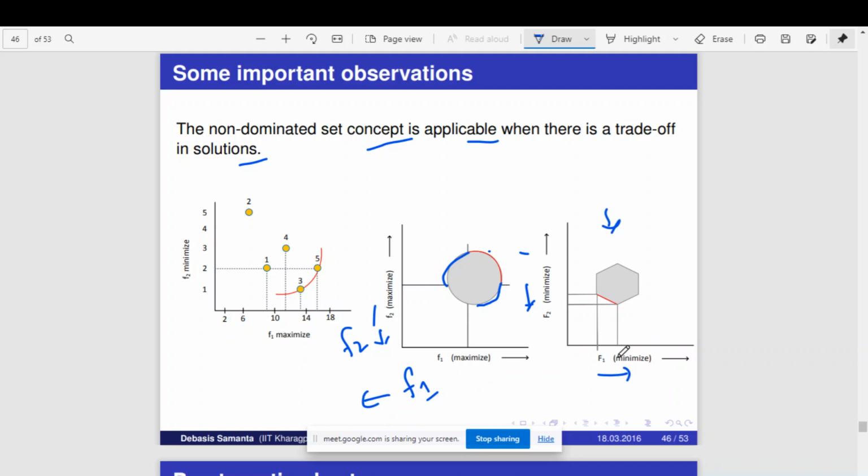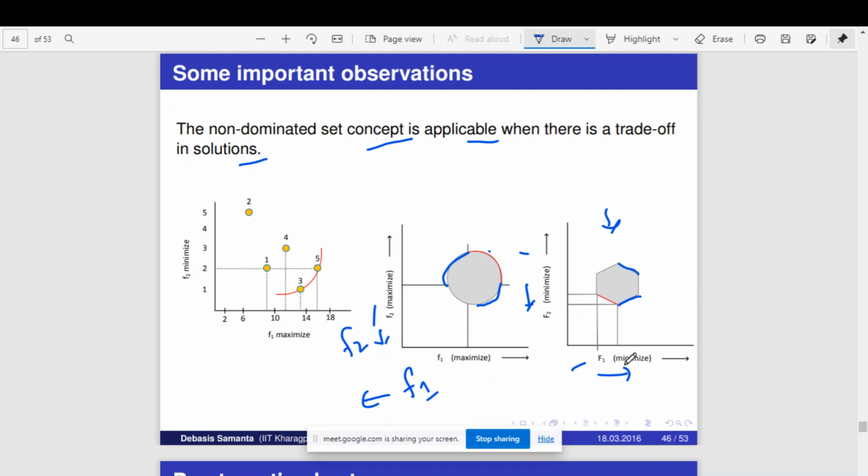Okay. If you want to maximize both, then what will be Pareto optimal front here? Maximize. So this one will be the Pareto optimal front, right? If you want to maximize F1 and minimize F2, then what will be... right side down? This one, okay.